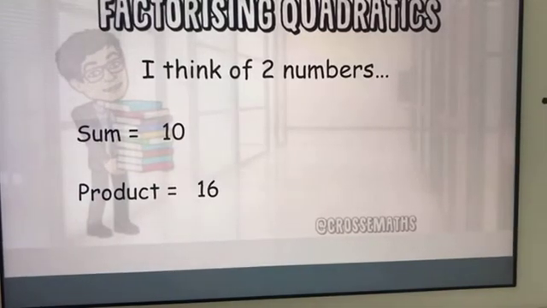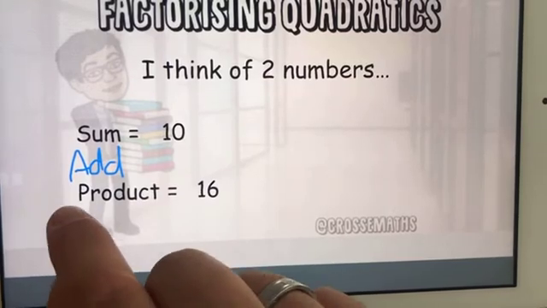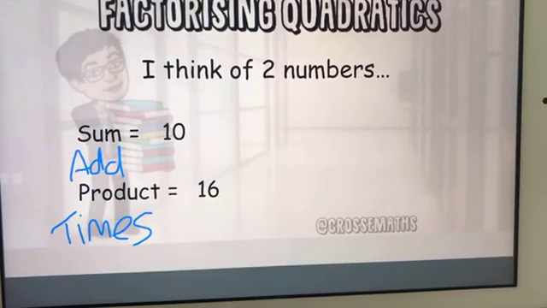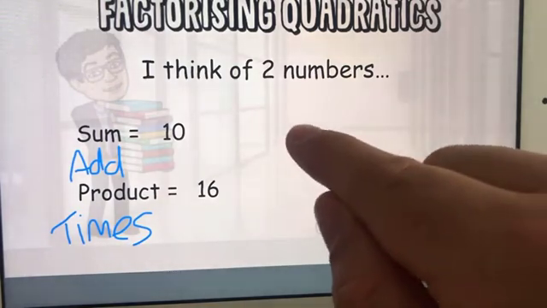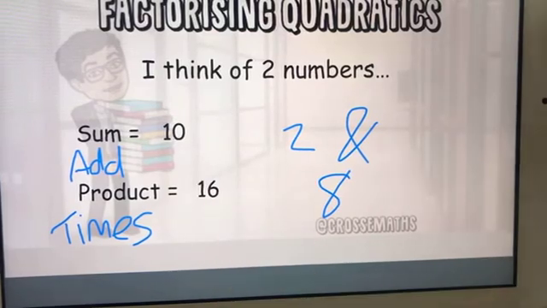These two numbers add to make 10, and they times together to make 16. These two numbers have to be 2 and 8, because 2 times 8 is 16, 2 add 8 is 10.